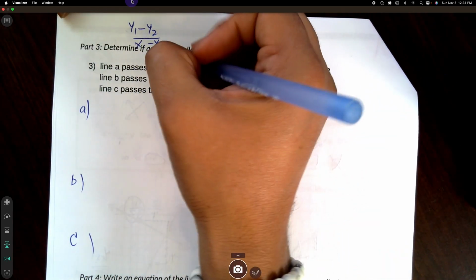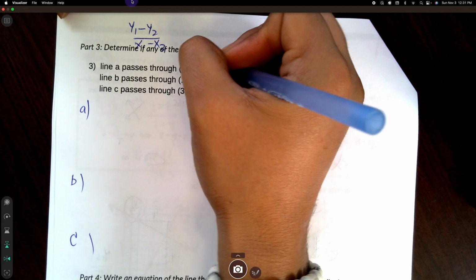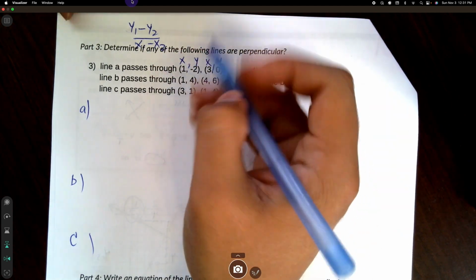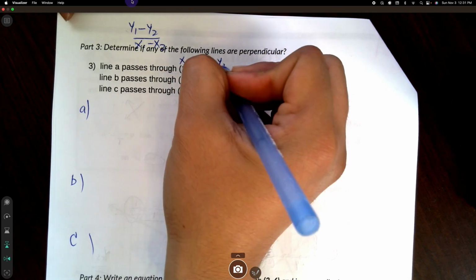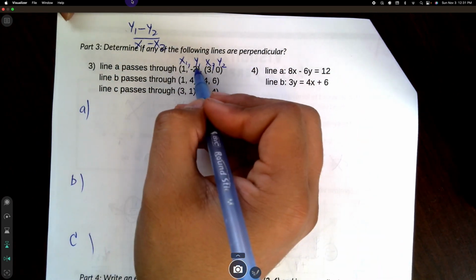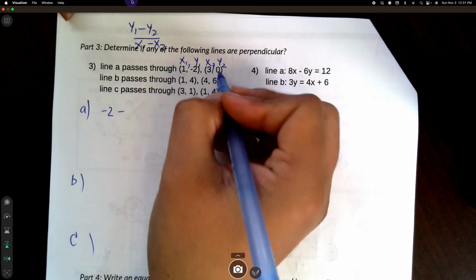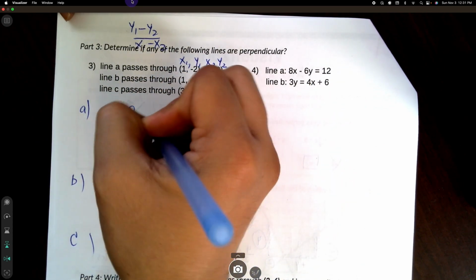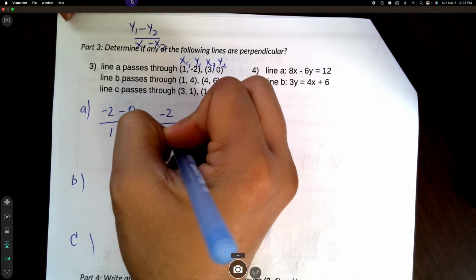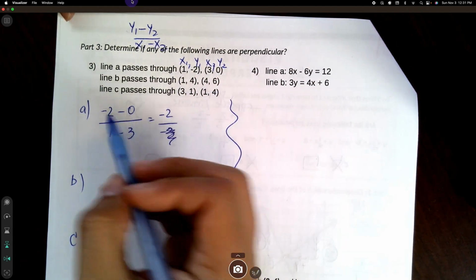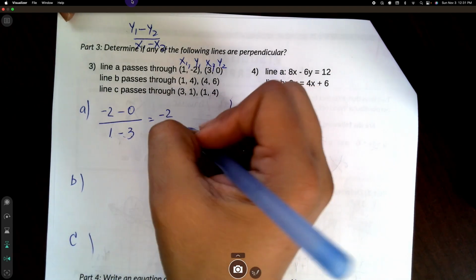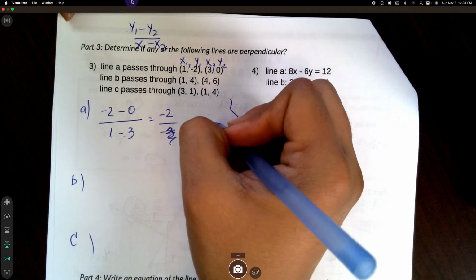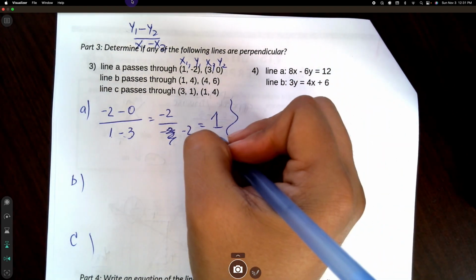So the x's are the ones in the beginning, and then the y's are the second number. Okay. Now I'm going to go ahead and make these the 1s and these the 2s. So I'm just going to do y1 is negative 2. So negative 2 minus 0 over 1 minus 3. So this is negative 2 over negative, oh wait, excuse me. What's 1 minus 3? That's negative 2. So a negative over a negative equals a positive. So this has a slope of 1. 1 over 1.